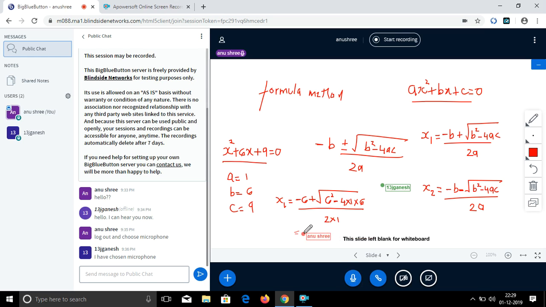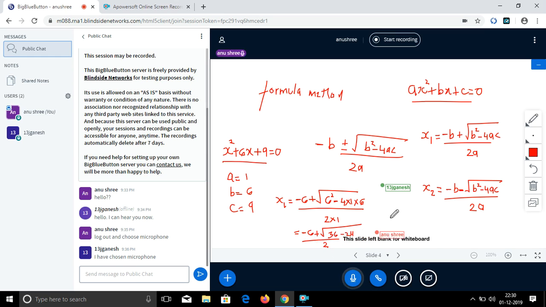That means it's minus 6 plus root 36 minus 24, divided by 2.